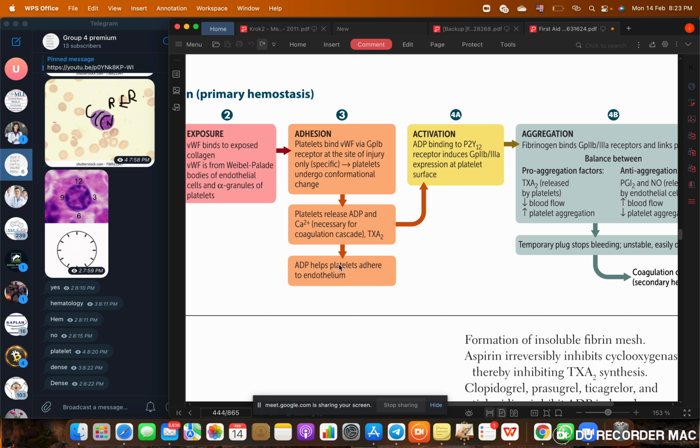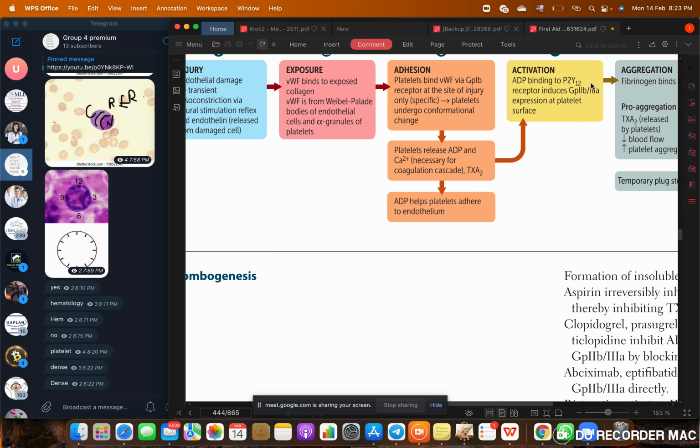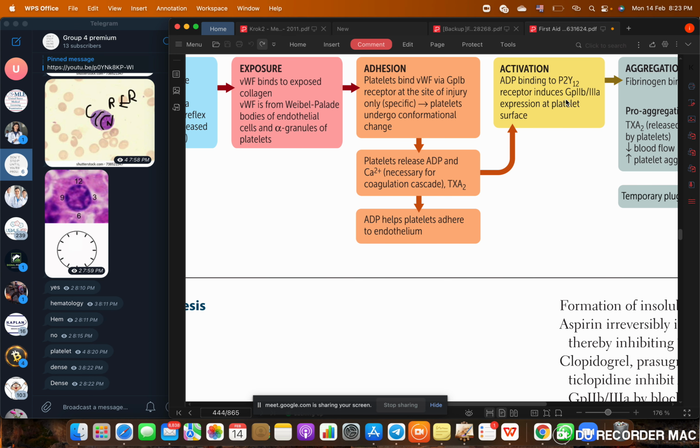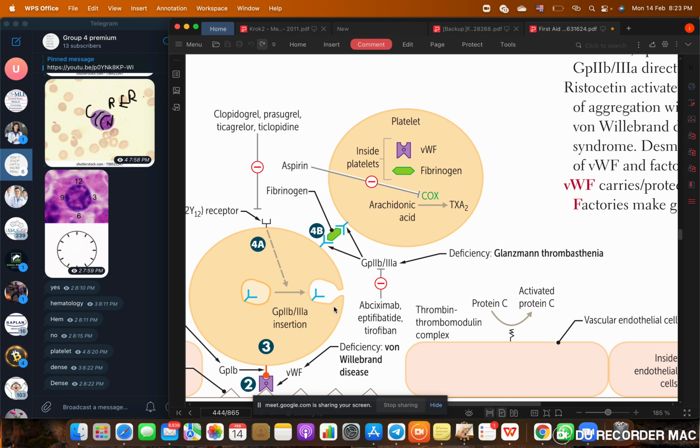Okay, so after this process occur, we will have the activation process in which the ADP, which is secreted by the platelet itself, is going to auto-activate the ADP receptor, okay? And that will induce something called the GP2B3A, which is expressed on the platelets. And that basically going to bind 2 platelets together. The binding of 2 platelets together, we call it aggregation.